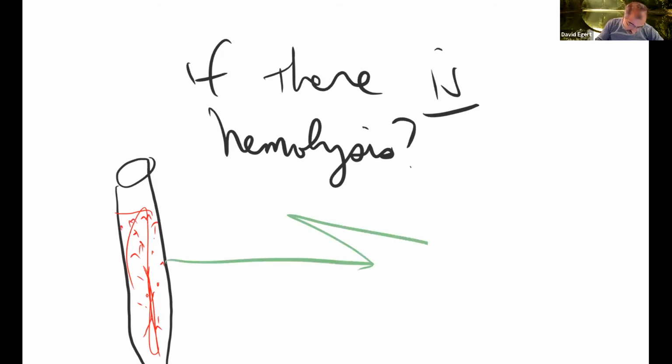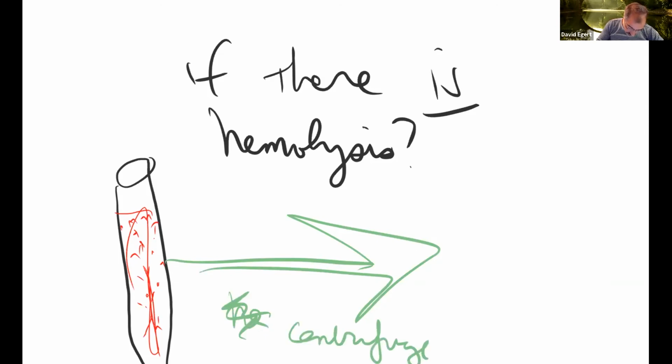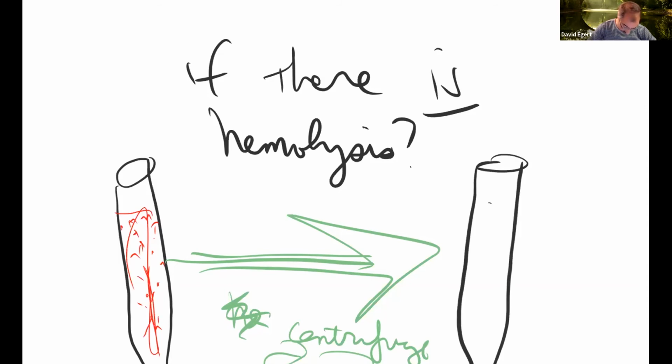And we take this through our centrifuge and spin it. You can't spin a molecule down. You can spin a cell down, but you can't spin a molecule down. So after we've spun it down, the supernatant is just going to stay red.